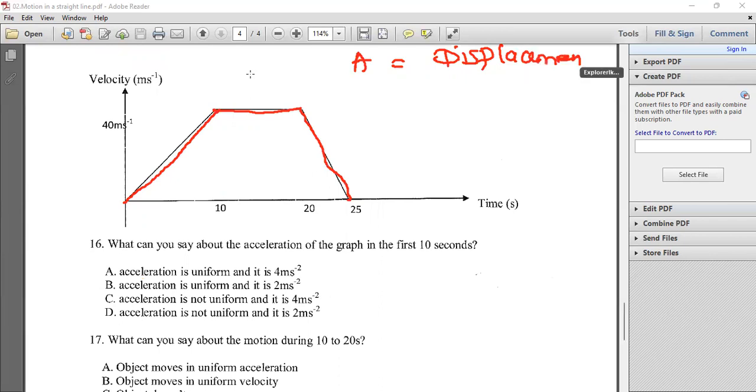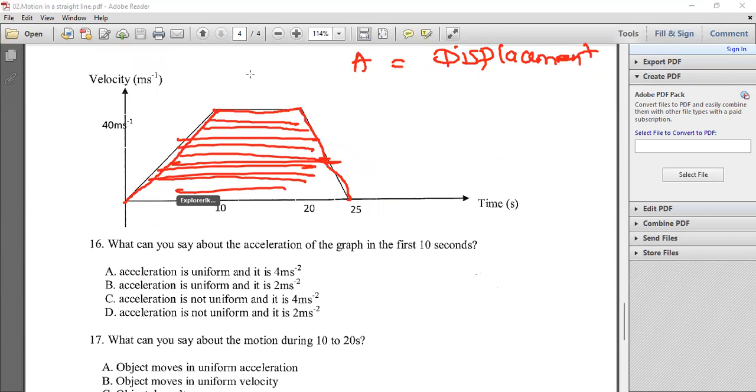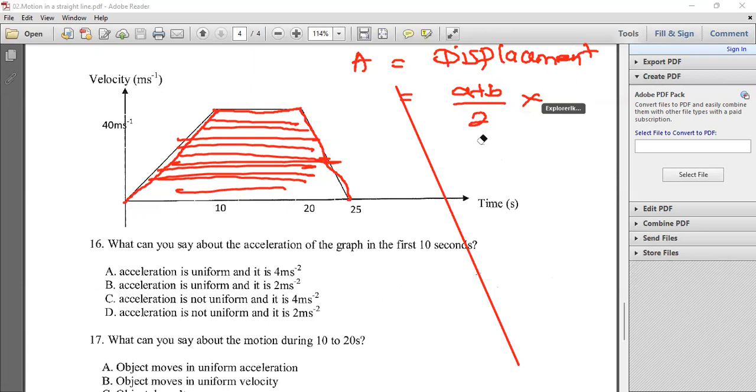Okay, so then how to find out the displacement? You have to find out the displacement of a trapezium. How to find out the area of a trapezium? A plus B divided by 2 into perpendicular height. What is A plus B?